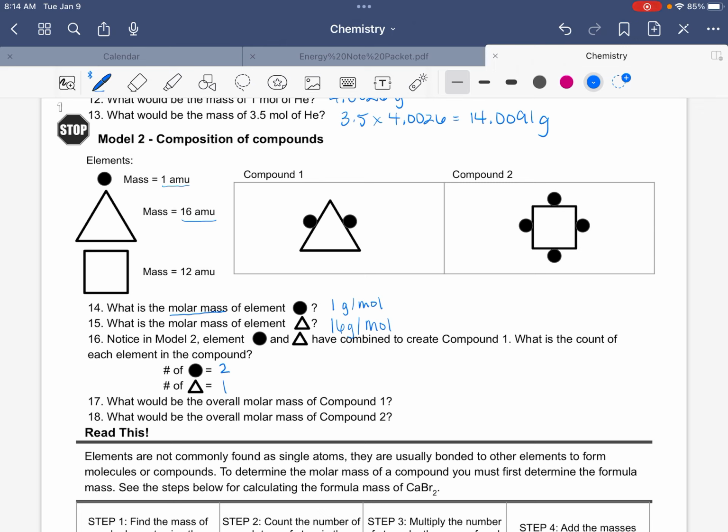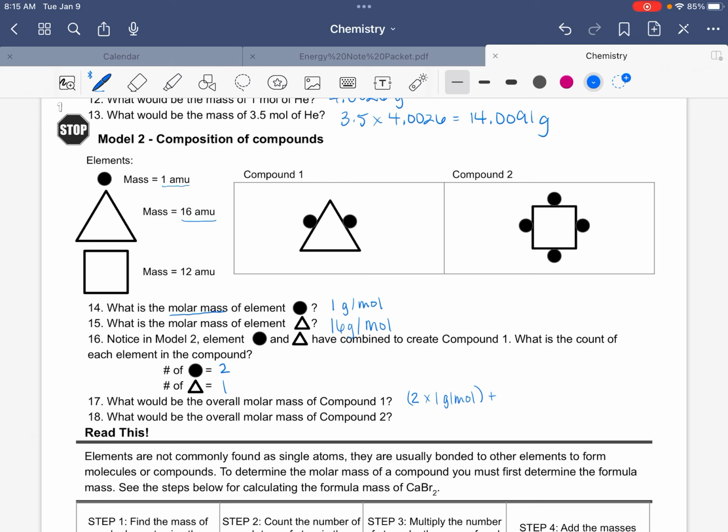For question 17, what would be the overall molar mass of compound 1? We'd have to combine the mass of all 3 elements that are combined together here. So we have 2 of our little circle, which has a mass of 1 AMU. Or, since we're finding molar mass, we should probably use grams per mole.